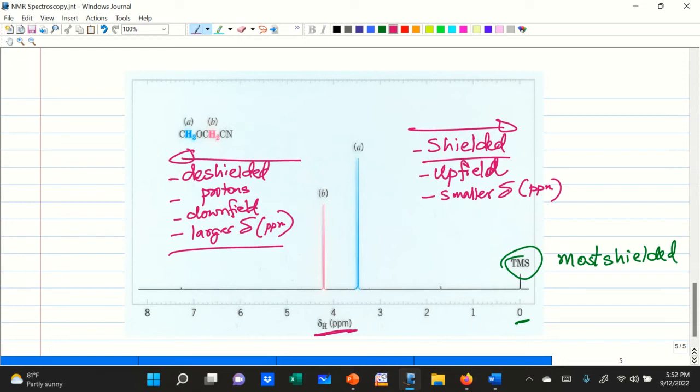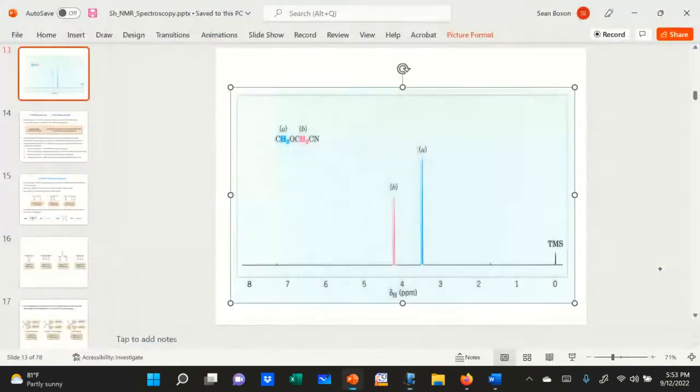Here is the B. Blue proton has less of that, that's why it is considered upfield compared to the pink one, even though it is far more downfield with respect to TMS, because TMS is the most shielded. Okay, so a smaller delta value indicates more shielded, a larger value corresponds to deshielded. So that's the basic understanding.